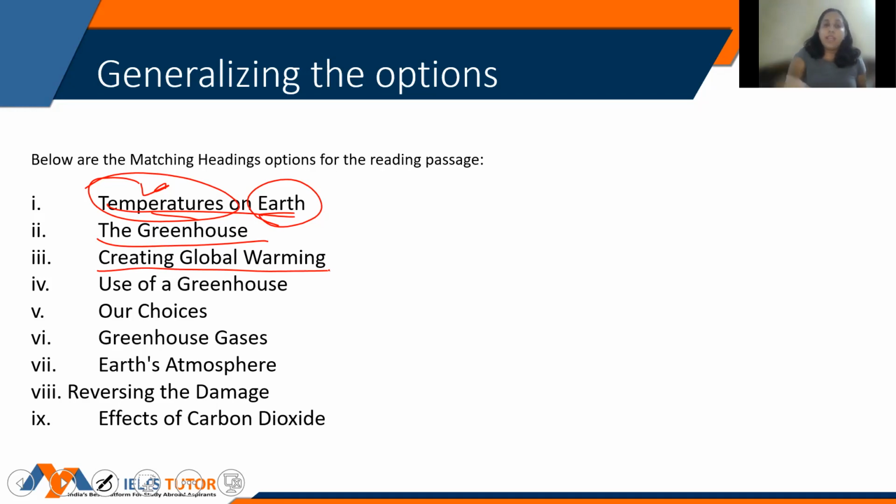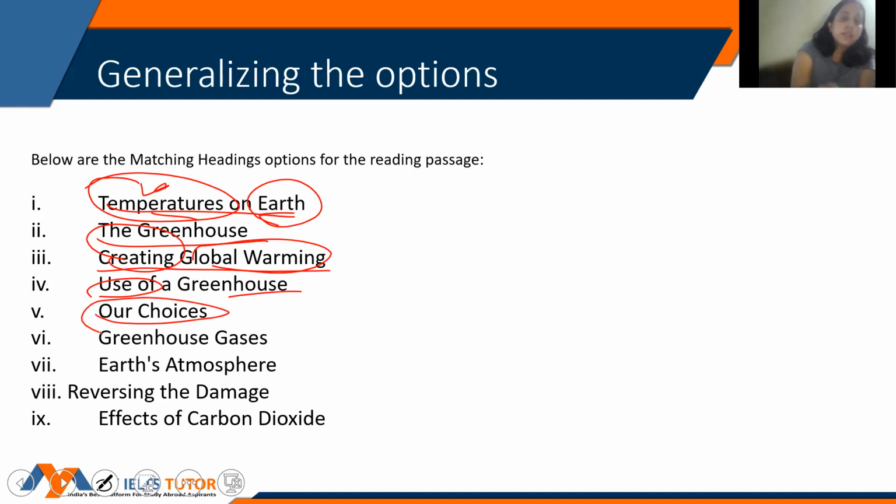It is not important that they use the word creating or the word global warming. They can simply say, because of these reasons, the temperature is increasing on the Earth. It means they're talking about what is creating global warming, right? Uses of greenhouse gases, how it is utilized, how it is used. The usage will be given.